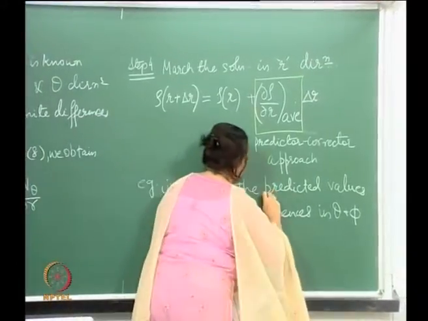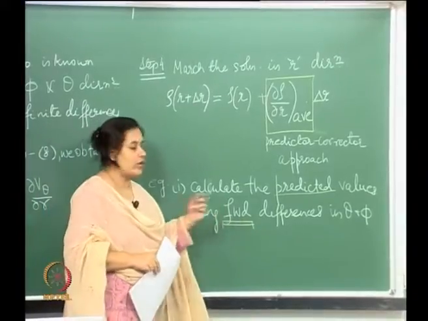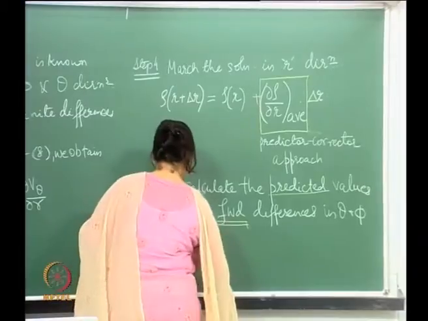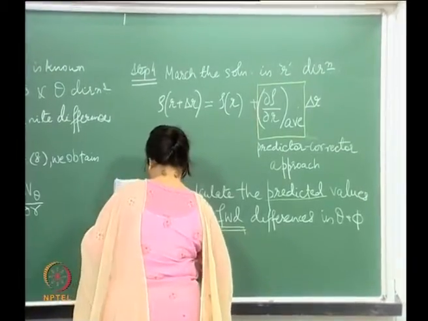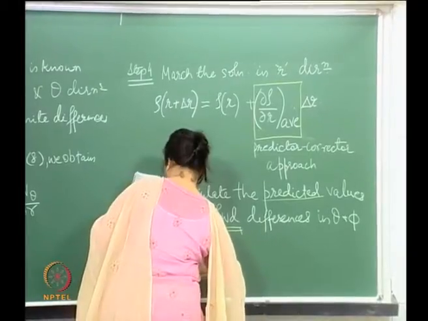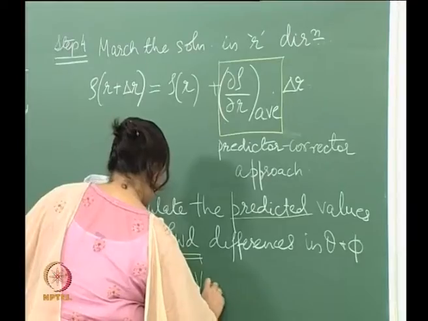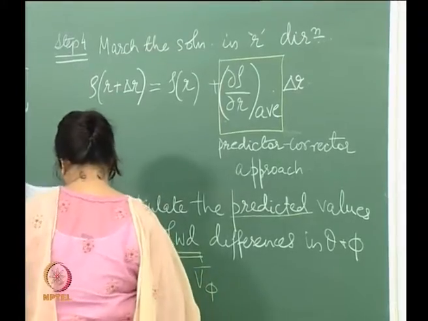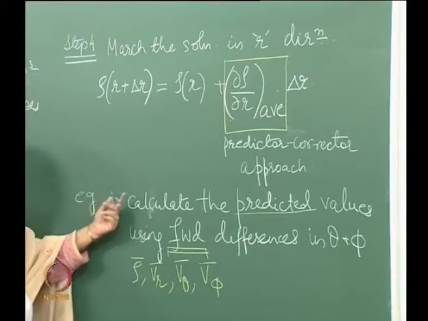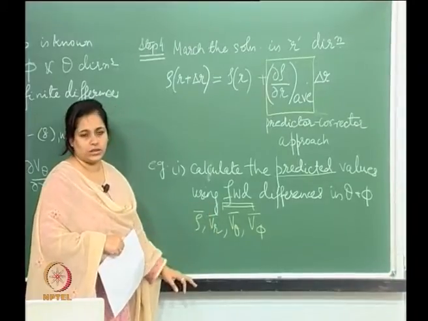We predict the values using forward difference in theta and phi, and let us call those values using a bar like this.